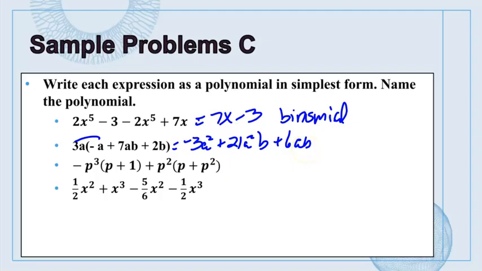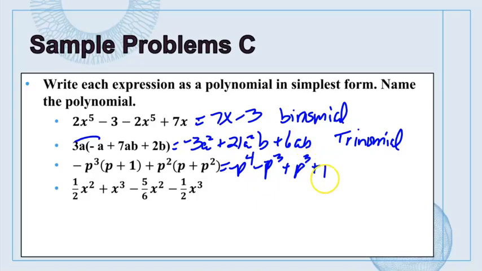I can't combine anything, but I have 3 terms, so this would be a trinomial. Next, if I distribute, that's going to be a negative p to the 4th minus p to the 3rd plus p to the 3rd plus p to the 4th, which means if I combine everything, I end up with 0. So this would be a monomial.